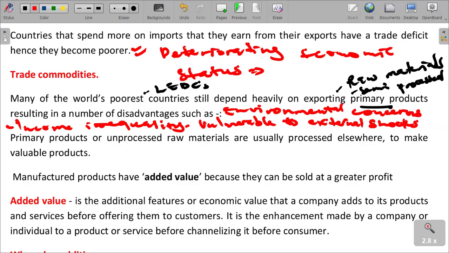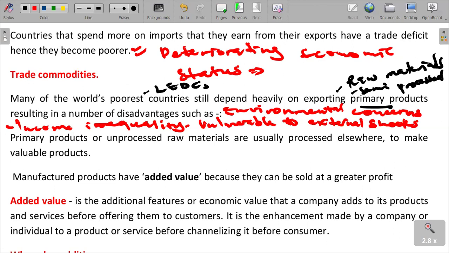The global supply chain or other trading partners have got some downturns or disruptions which can significantly affect dependence on primary products exports.